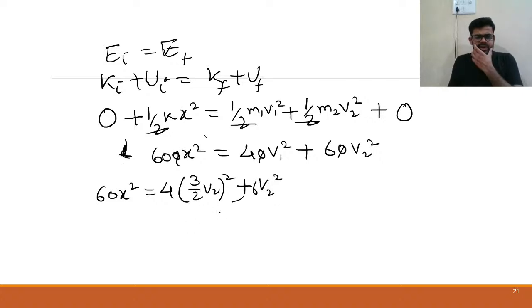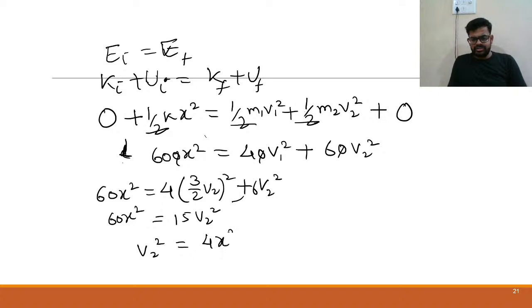We'll solve it simply: 9 plus 6 is 15, so 15 v2 square is equal to 60x square. Finally v2 square is equal to 4x square, and the value of x is given in the question.